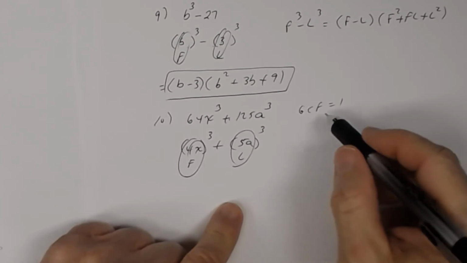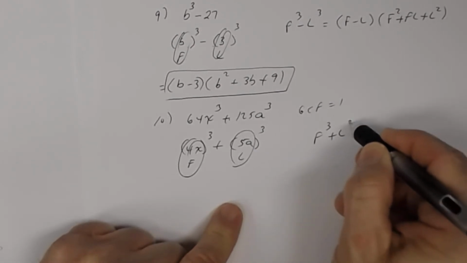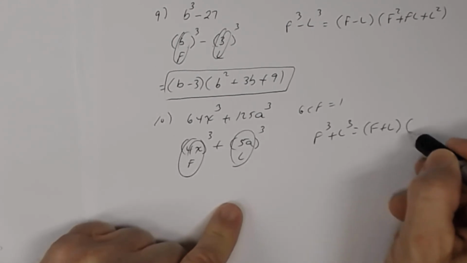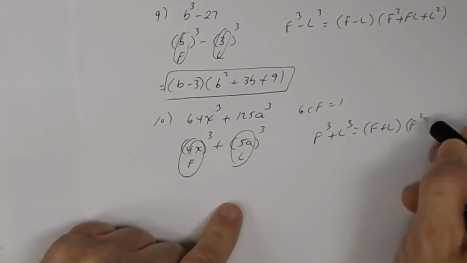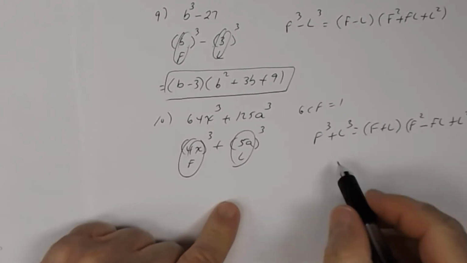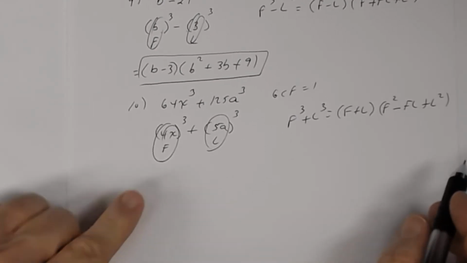And so now remember the formula for the sum of two cubes, so F cubed plus L cubed is the binomial F plus L times the trinomial F squared minus FL plus L squared. All right, and so all you do is just take your F and your L and substitute into your formula.